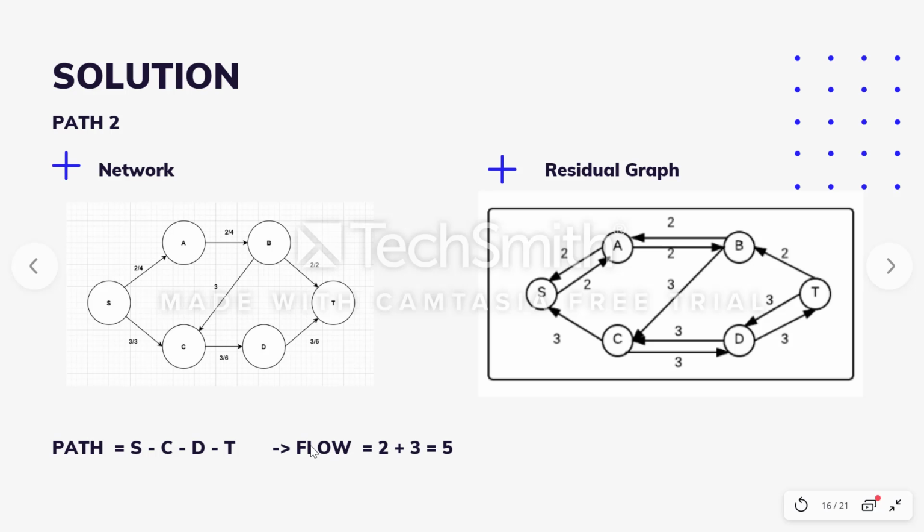Since the total flow in the previous slide is equal to 2, and we get another new augmenting value equal to 3, we add these two numbers, which equals 5. And for path 2, the path is S, C, D, T.